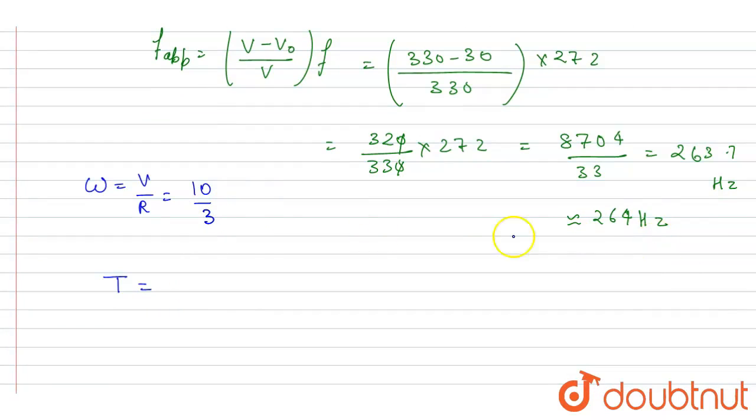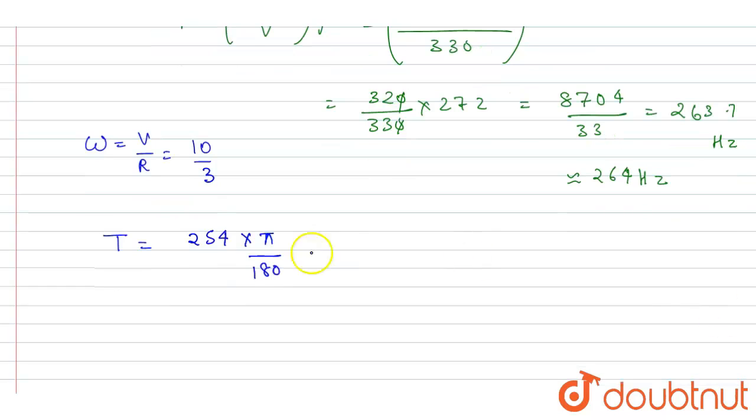The angle to be rotated is 254, but it is in degree, so you can convert it into radian by multiplying it with pi by 180. So the time interval will be the angle rotated divided by omega, which is 10 by 3. So this is theta by omega.